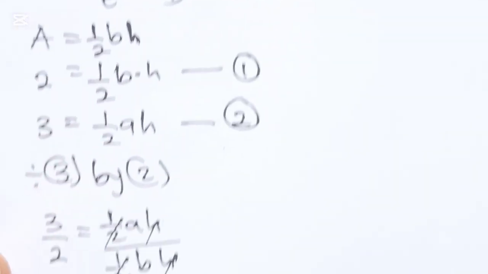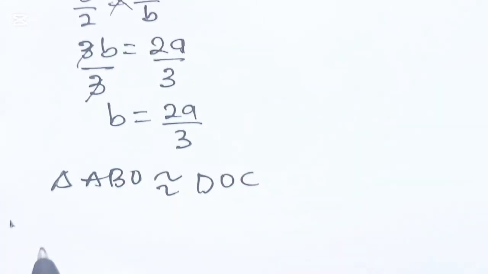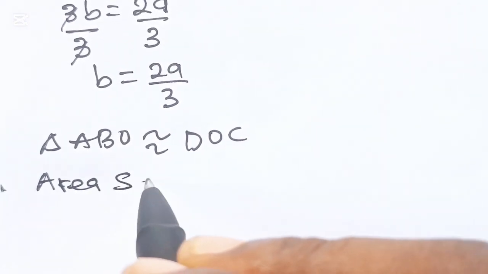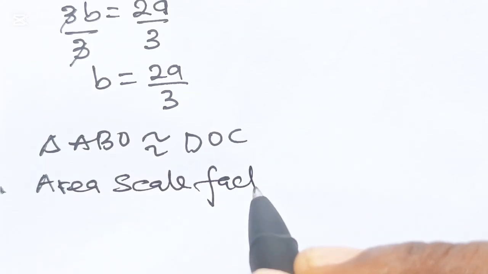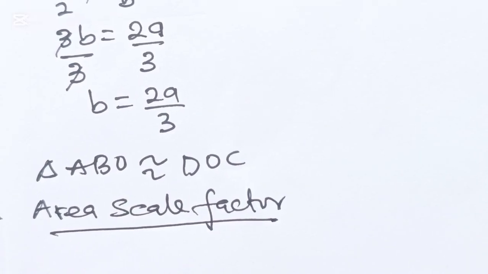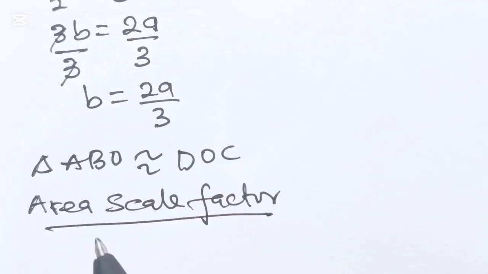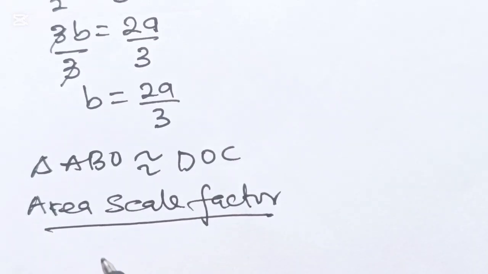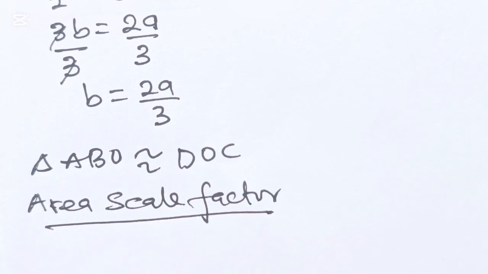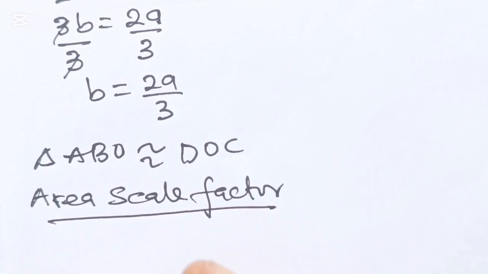Let's call the area of triangle ABO S. The area scale factor states that when two triangles are similar, the ratio of their areas is equal to the square of the ratio of their corresponding sides.